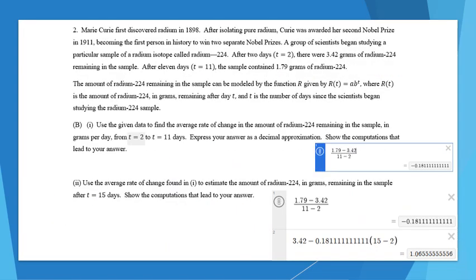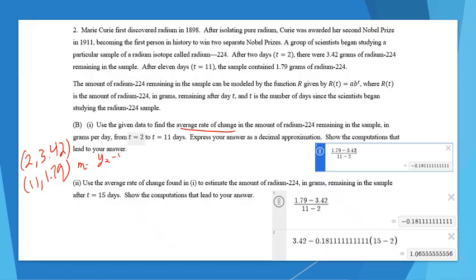All right, question number 2, part B, use the given data to find the average rate of change from 2 to 11 days. Express your answer as a decimal approximation. Show your work. So here our 2 coordinates again were (2, 3.42) and (11, 1.79). We're going to plug this into our slope formula because that's what average rate of change is, slope.